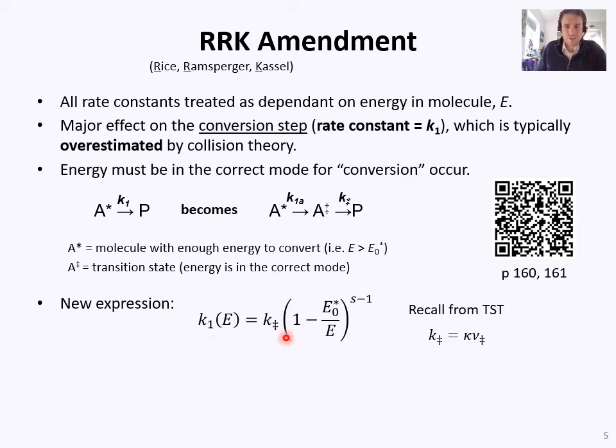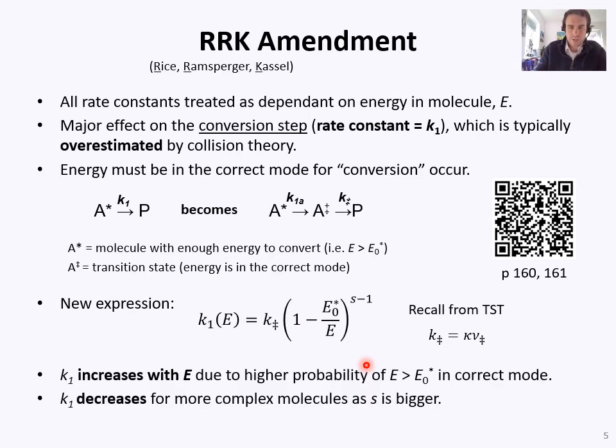The expression essentially says this: you have got something that is related to the energy now. The key point here is that K1 will increase as you have more energy around, more energy in your molecule, and that's just because you've got a higher probability of the energy being in the right place because you've got more of it.